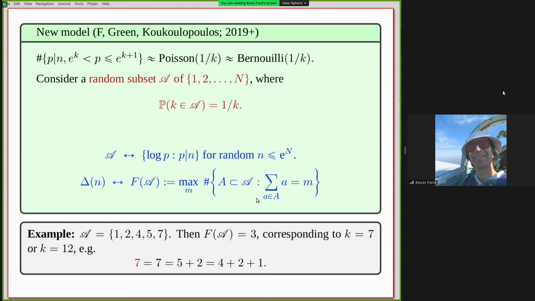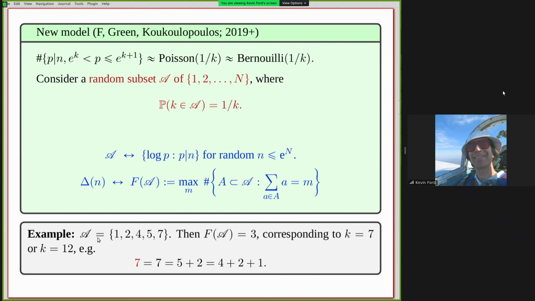So we take the maximum over m and we count how many subsets of our random set have sum equal to m. Now it's not an exact correspondence, but it's a relatively short argument to move from results about f of A to results about the divisor function using, let's say, the Kubilius model.